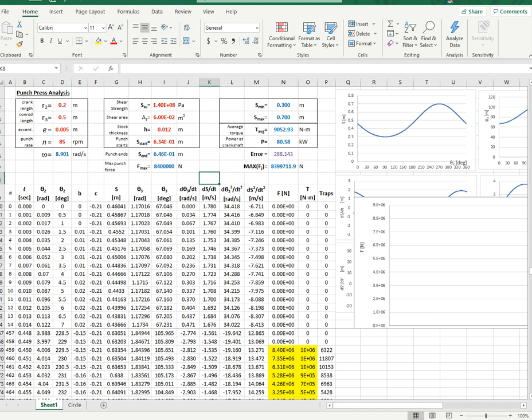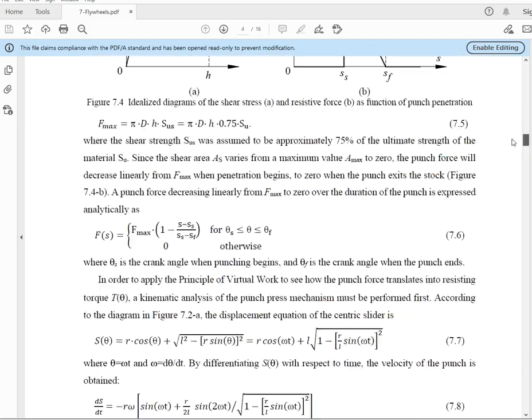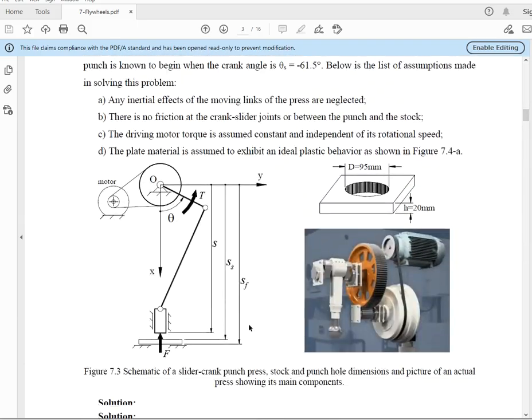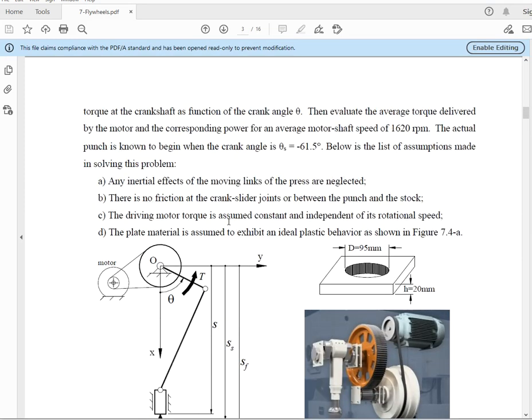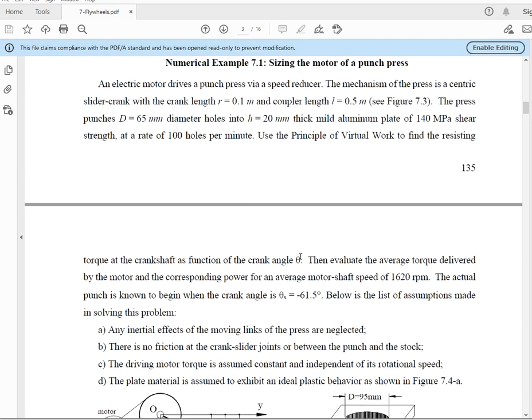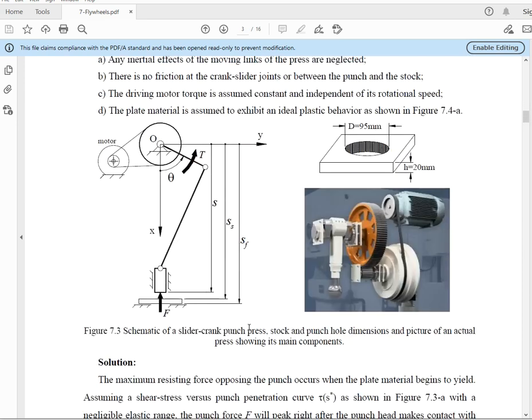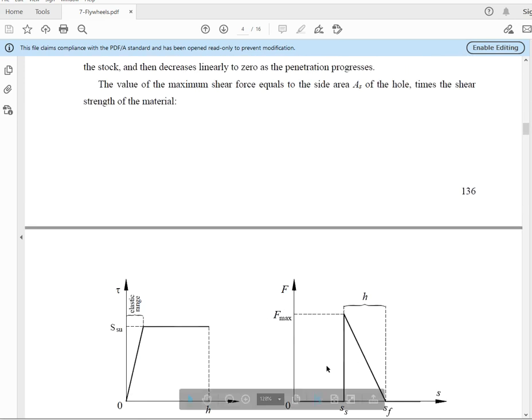Let me pause and bring that up. So in chapter 7, flywheel design, I'm discussing the punch press example, very similar to help you with the semester project.